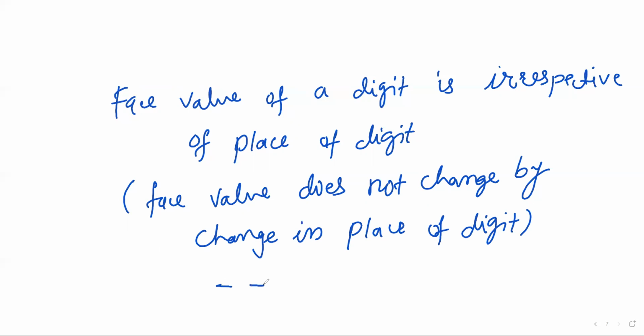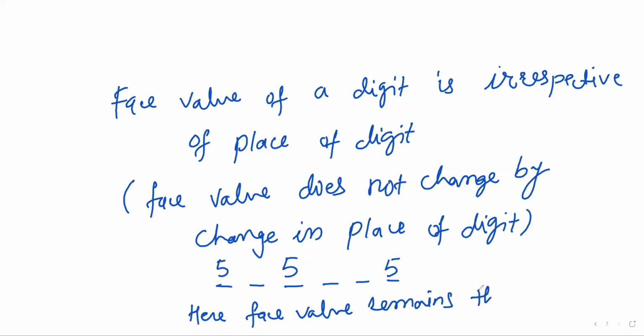It does not matter where the digit is placed, the face value remains the same. If 5 is placed at unit place, the face value is 5. If 5 is placed at the 1000 place, again the face value of 5 remains the same.